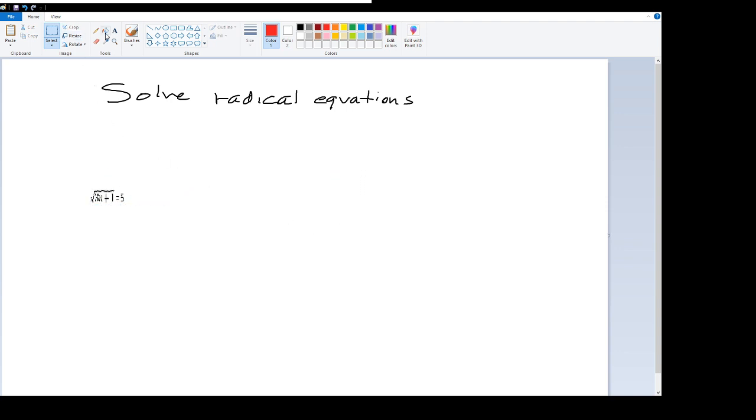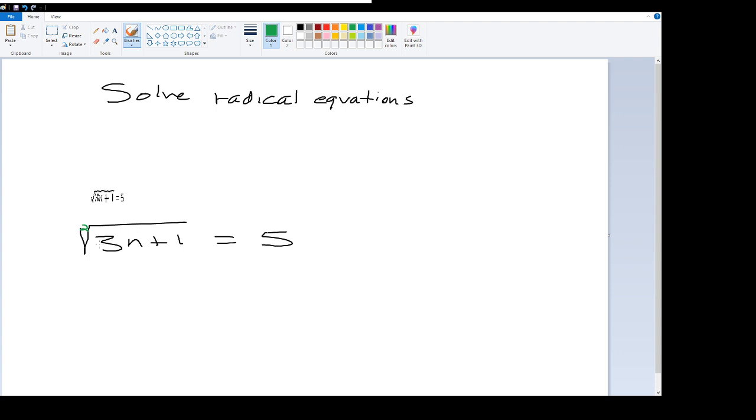All right, so what we have here is the square root of 3n plus 1 is equal to 5. So let's solve for this variable, and notice how everything is in the radical. So we know that this index here is a 2.